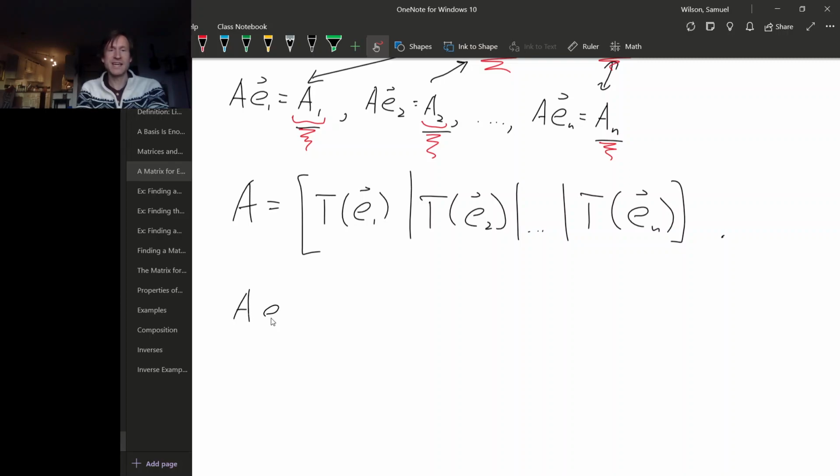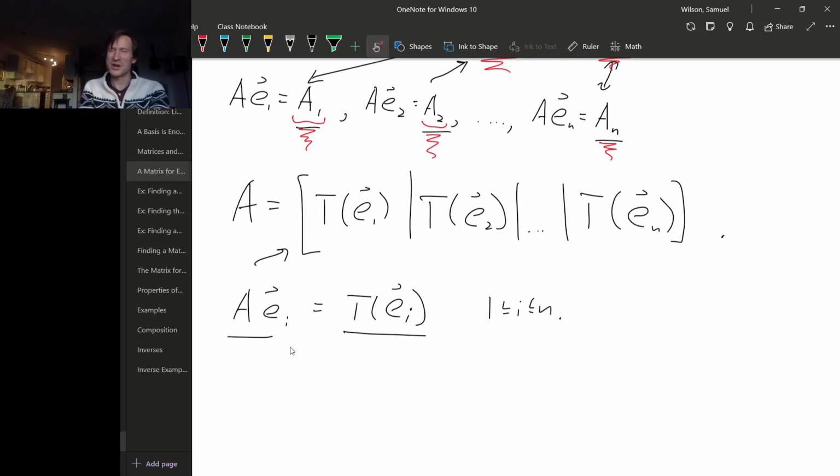Because now if we take a standard basis vector and multiply on the left by A, we get T of E1, right? Or T of Ei, for i from 1 up to n. So what this is saying is that multiplication on the left by our matrix now agrees with the linear transformation on this basis.